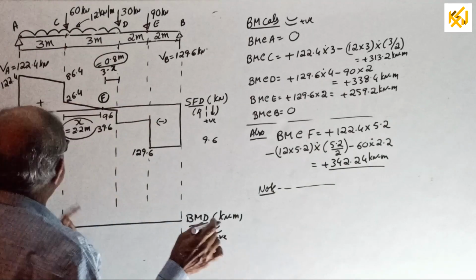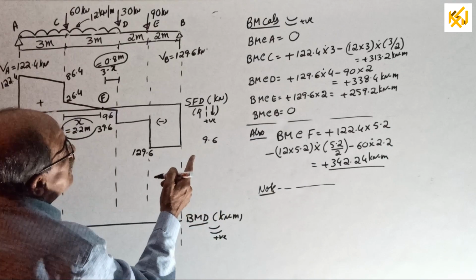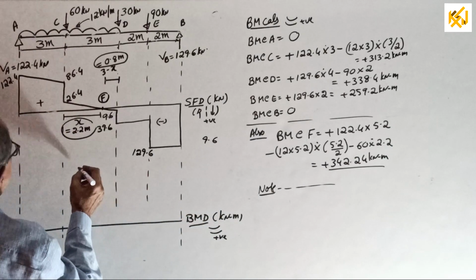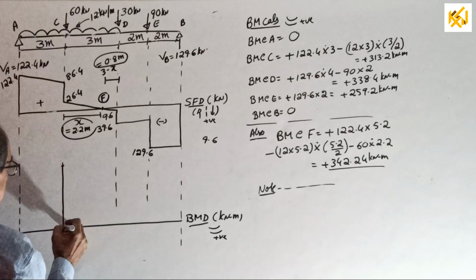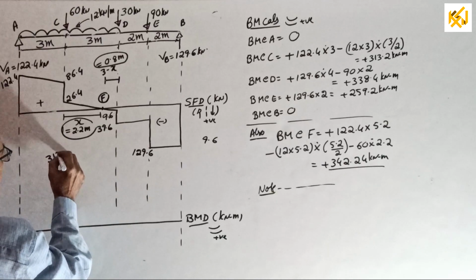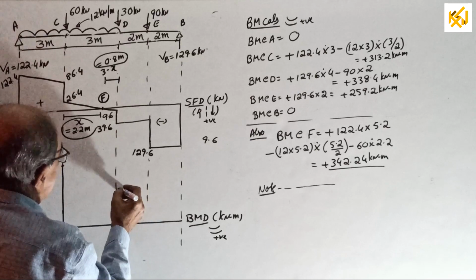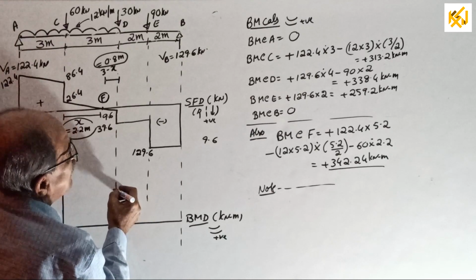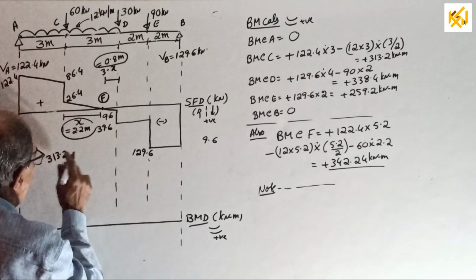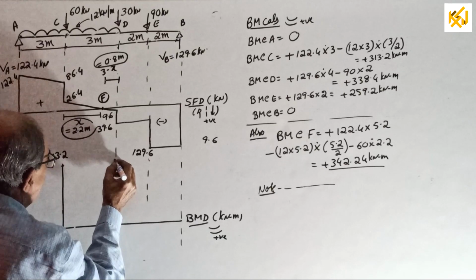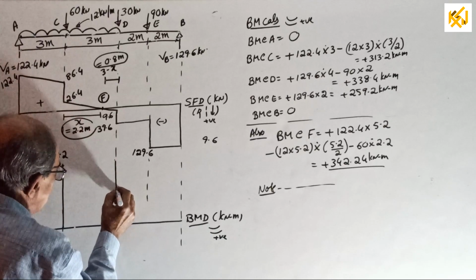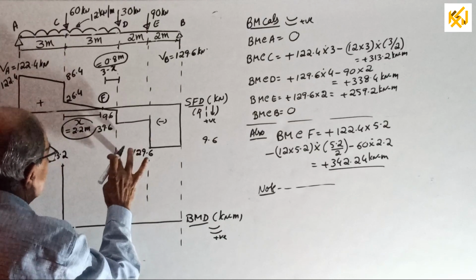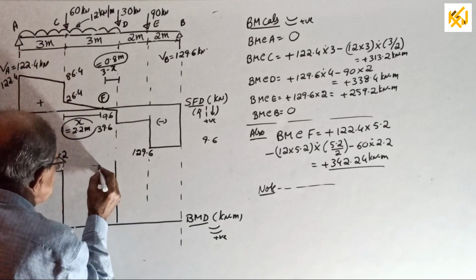Okay, now start. Plot the values. At C, 313.2, quite big. 313.2 here. And here, 338.4. See, not too much more, a little more. This is called respect to the mathematical part and the subject also.